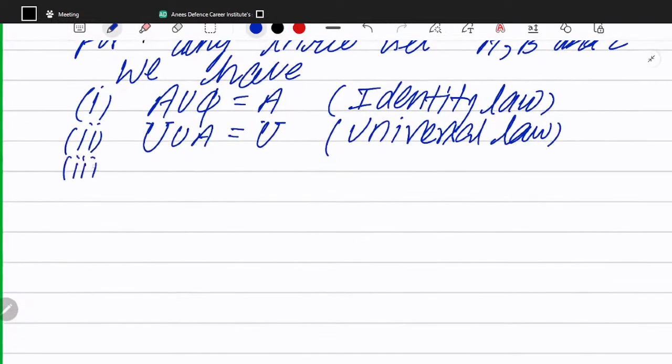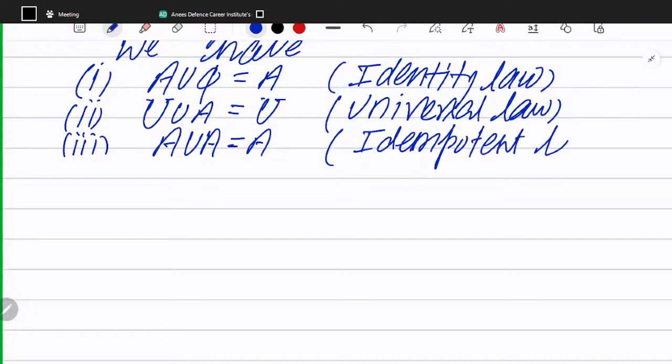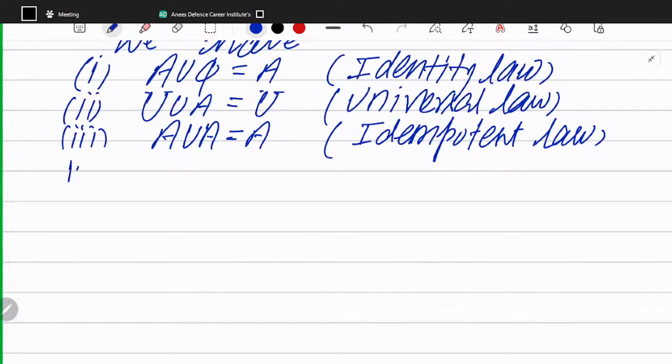Now the third one is A union A is equal to A. This is idempotent law. The fourth one is A union B is equal to B union A, that is commutative law.